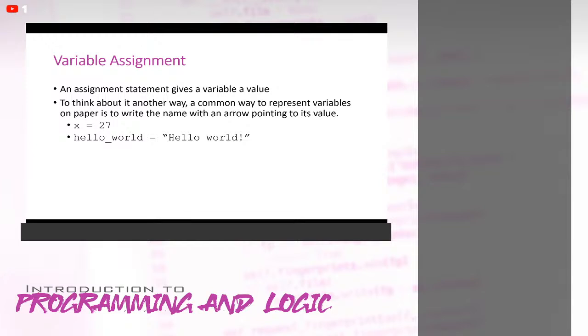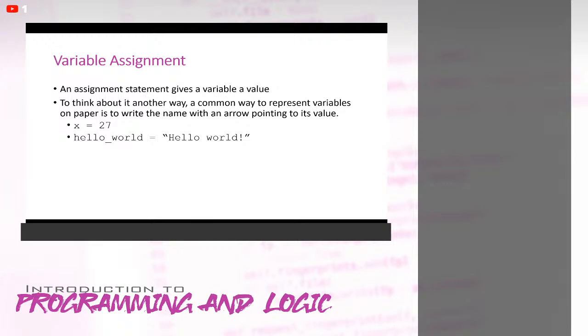But especially for our purposes, where we're just starting to learn, it's good to follow the convention where we put the declaration on the left and the assignment on the right. That way we can read these variable declarations more like sentences, right? So I can have my variable name, x, and just read it as x equals 27.